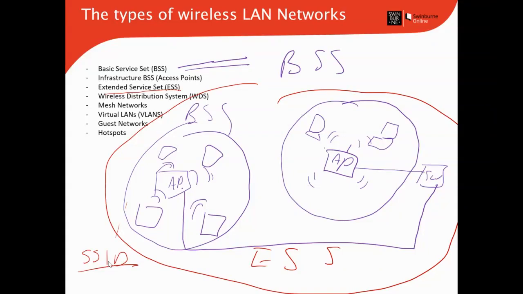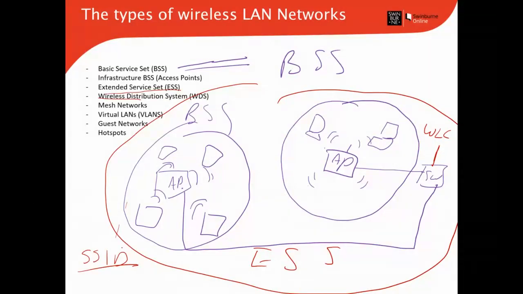That's the name that we are actually linking to. Now this wireless distribution system, this is what I was mentioning before. This is our wireless LAN controller that distributes all of this technology together.